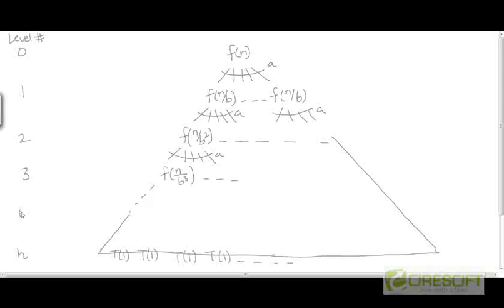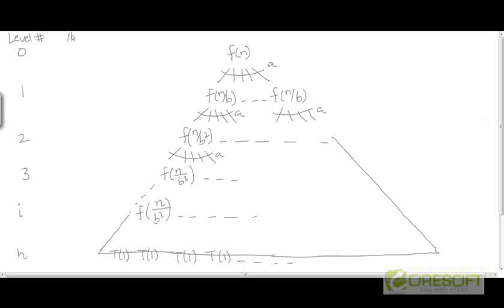And in general, at level I, you can see that the powers of b are increasing here. So at level I, each node is going to have a cost of f of n divided by b to the power I.